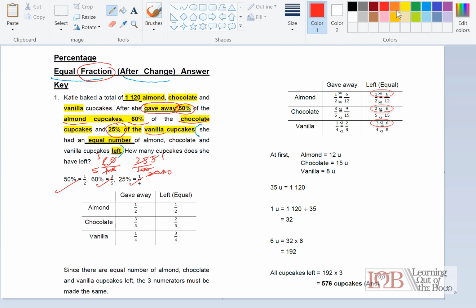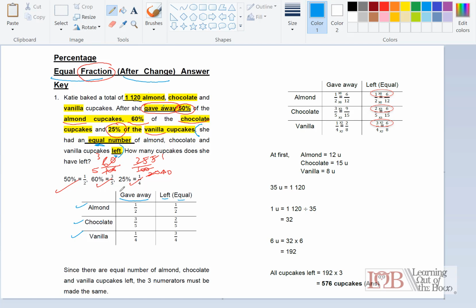Okay, so how do you actually solve equal fraction after change? We will be using our in-house method called the tic-tac-toe. Yeah, so in this case, it's a grid with more layers because there are 3 items. So we have almond, chocolate and vanilla. Then we'll put the gave away in the second column, and left and equal from here on the third column.